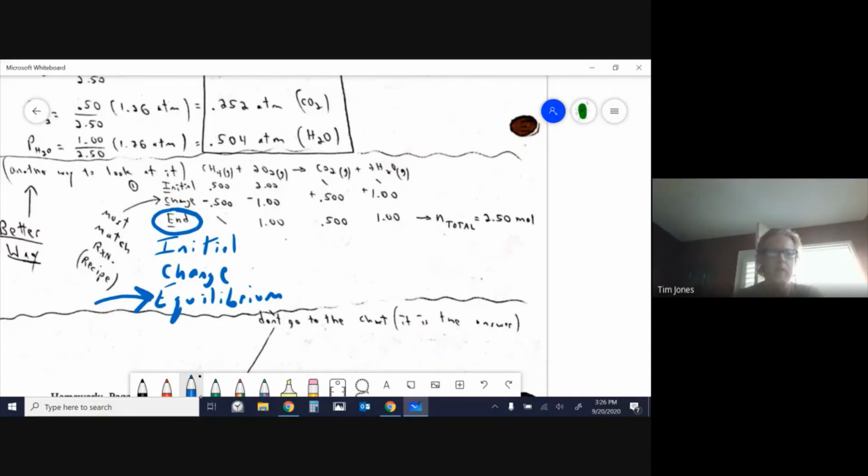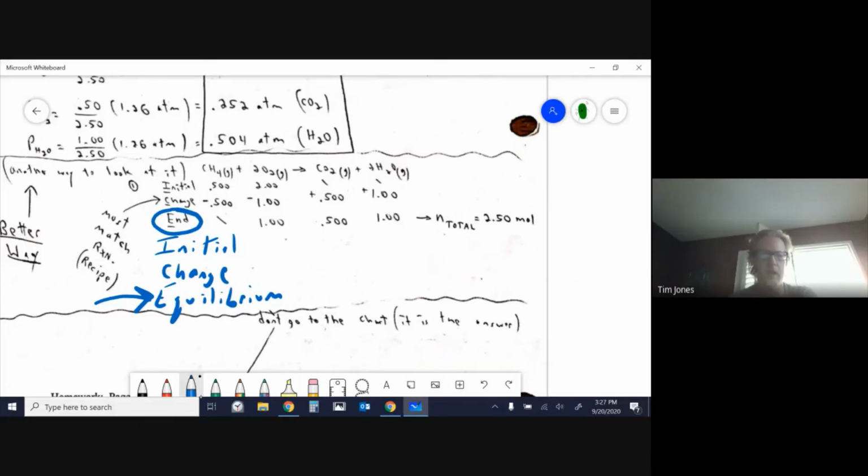So realize an ice chart like I have here is just an organizational tool, and it's useful anytime you have a reaction occurring. So a question that comes up a lot in class is, when should we use an ice chart and when should we not bother?